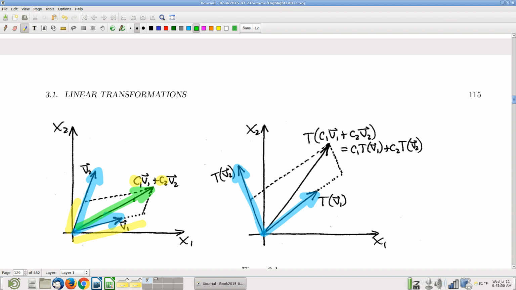The assertion that I'm making is that when you take that linear combination and put it into the function, what comes out will be the same linear combination, about 3/2 of the first one, about half of the second one, the same linear combination of the output vectors.